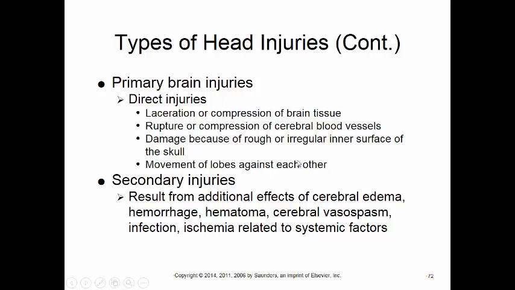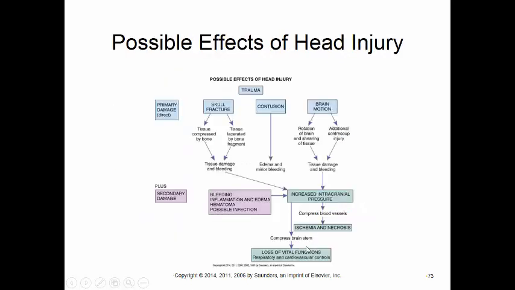Those are direct injuries. Secondary injuries occur from things such as cerebral edema, hemorrhage, hematoma, cerebral vasospasm, infection, and ischemia. So these are secondary injuries that may occur from head injuries. They can lead to other things like hemorrhage, hematoma, and these other problems.